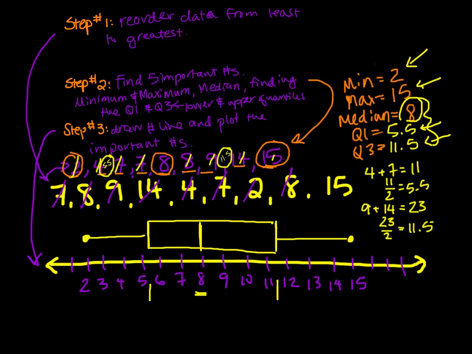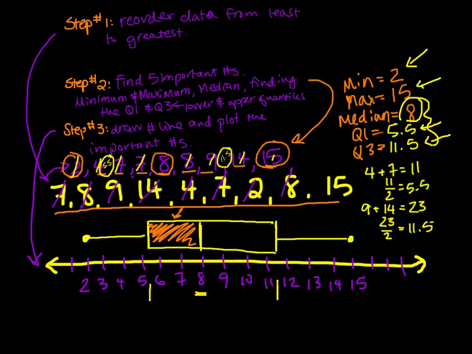So the information that we just had, the 7, 8, 9, 14, 4, 7, 2, 8, and 15, we can reorder that data into least to greatest, and then after that we can plot our points on this graph. And so what this means right here on the left-hand side of all of this, this is 1/4 of the data. 1/4 of our points or 1/4 of our data right here falls in this area.